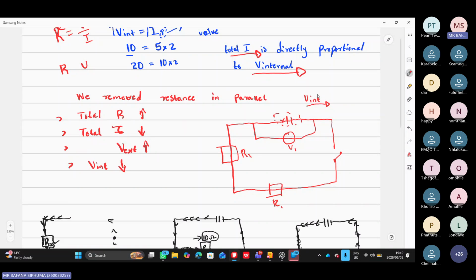That's where we now talk about the V external, because the V external is the voltage that is going to be provided in R1 and the voltage that is going to be provided in R2 there. So the total voltage, we talk about it when we don't have the internal resistance. Whenever we start talking about the internal resistance, we no longer talk about the V total. We talk about V external when we have the internal resistance.